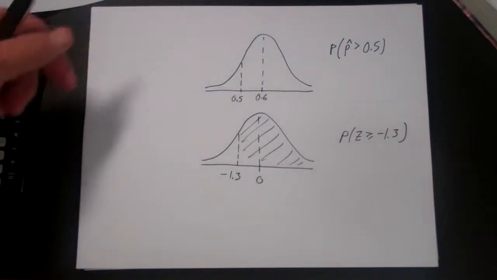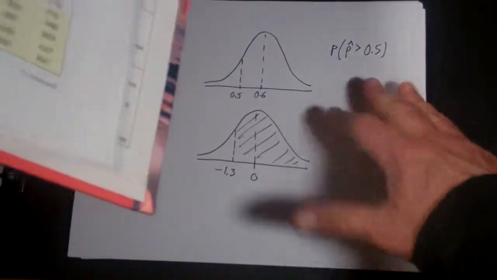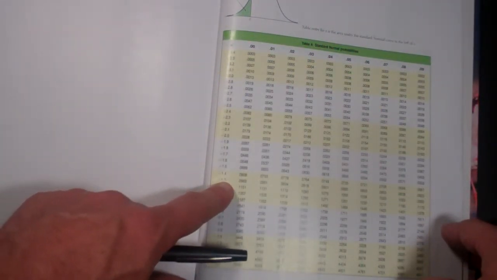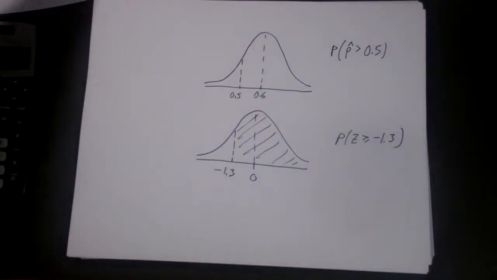The only thing you need to do now is use a table. Let's look at the table. If you look at the standard normal table, you go to minus 1.3. And since 1.30, you read over, and that's 0.0968.